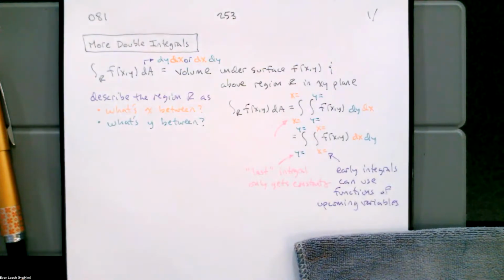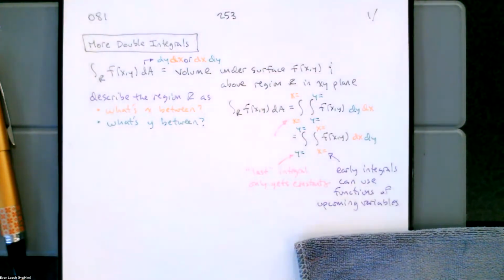The early integrals get to use functions of upcoming variables. The last integral only gets to use constants.